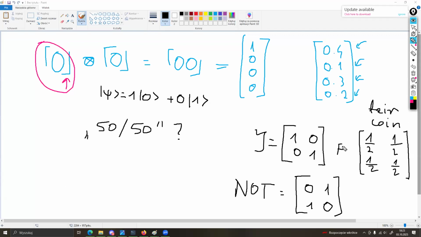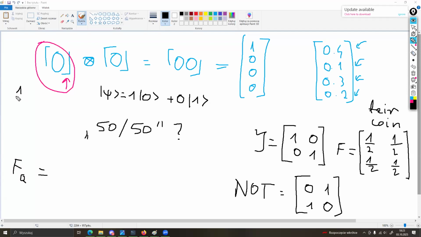So let me encode this matrix as F, meaning fair coin. So kind of like a fair coin in quantum, we would express it as the same thing that I told you also a minute ago.